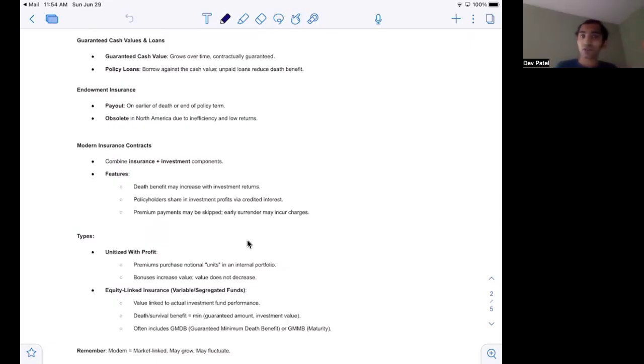So that's one of the main features of modern insurance contracts that's different from the traditional one: it has a significant emphasis on this investment component. Also, it has a large flexibility on payments. Some premium payments can be skipped depending on the insurer, depending on the policyholder and their needs. And so you can think of modern insurance contracts as very flexible in that regard.